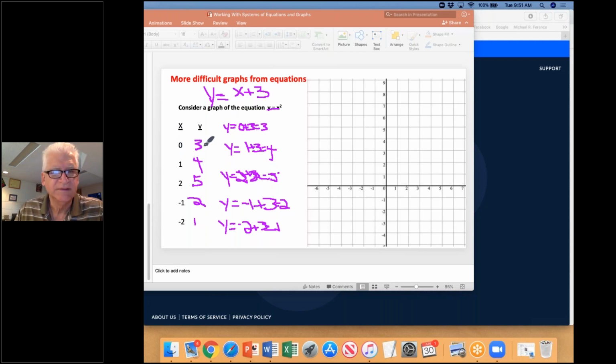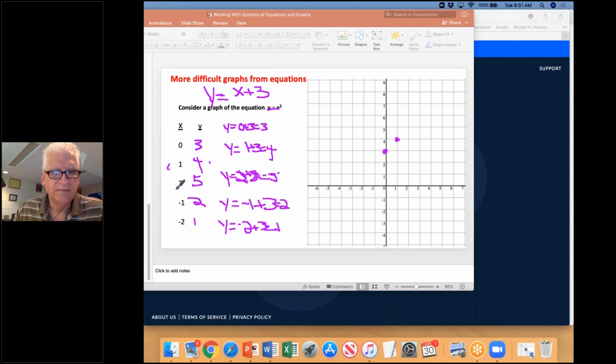First one is 0, 3. So I come over to the graph. Since the x value is 0, I don't go either way. I stay right on this line, and the y value is 3, so it's going to go right there. The next point is 1, 4, so I go over 1 and up 4.